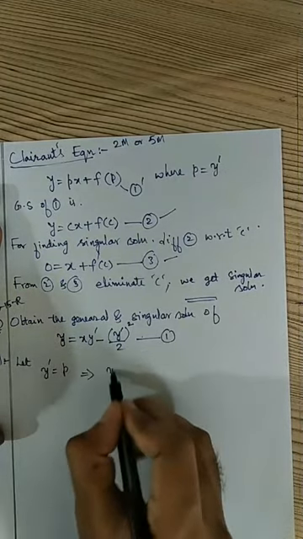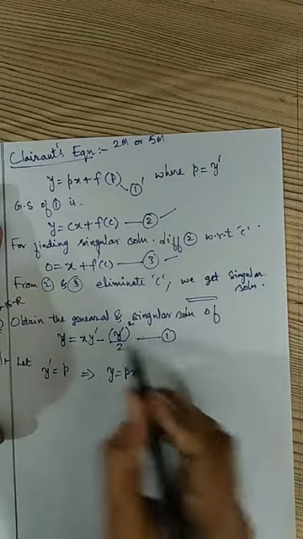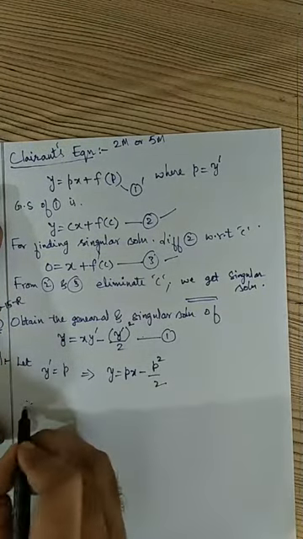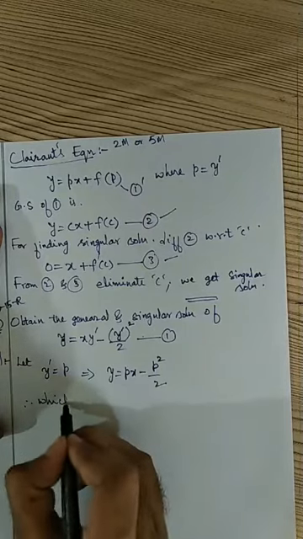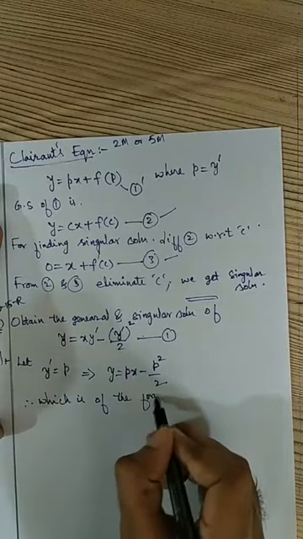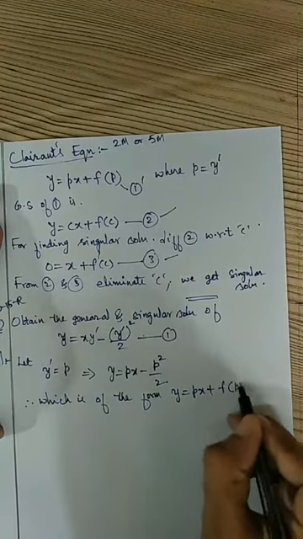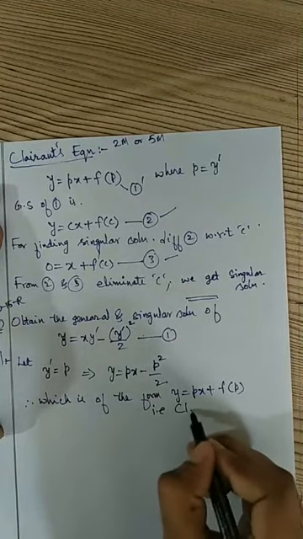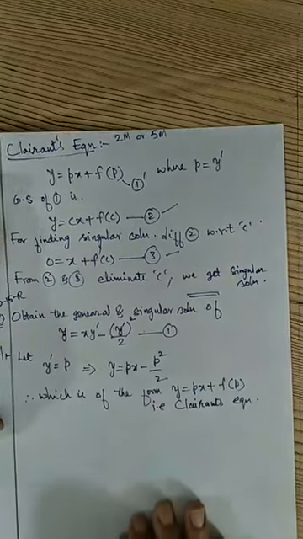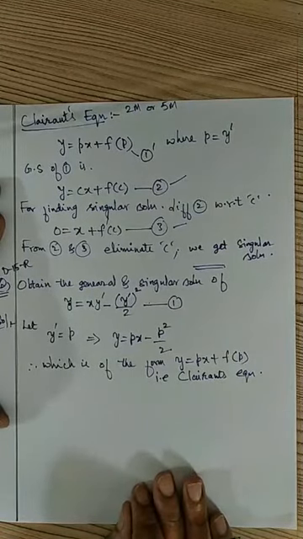Then y equals to px minus p square by 2. So you can observe that, therefore, it is of the form y equals to px plus f of p. That is Clairaut's equation. Right? Given equation is Clairaut's equation.